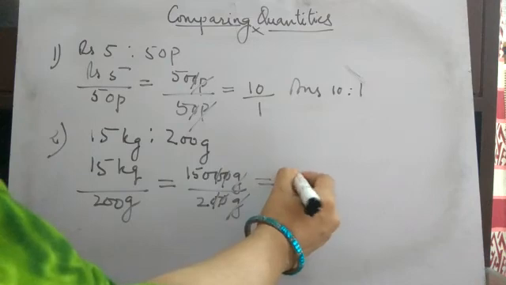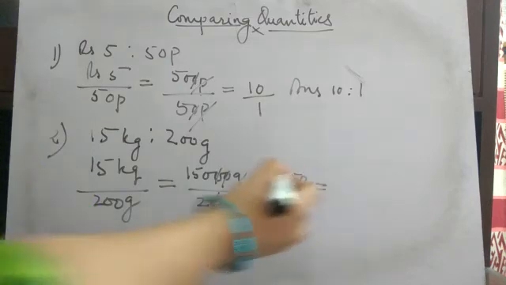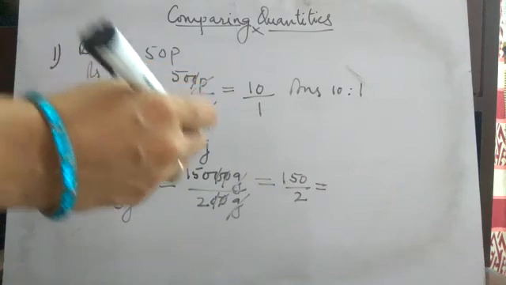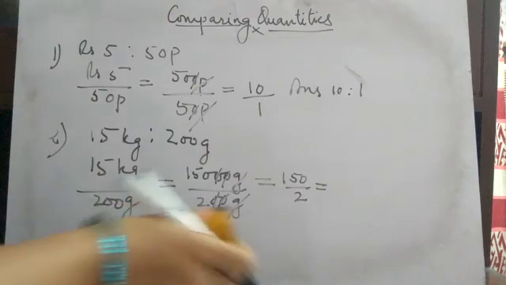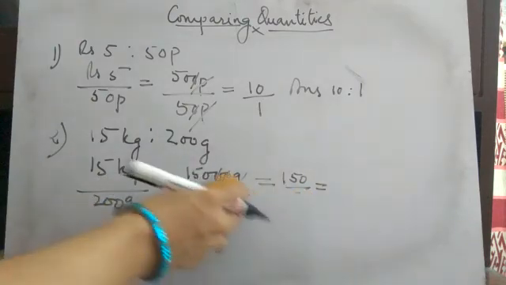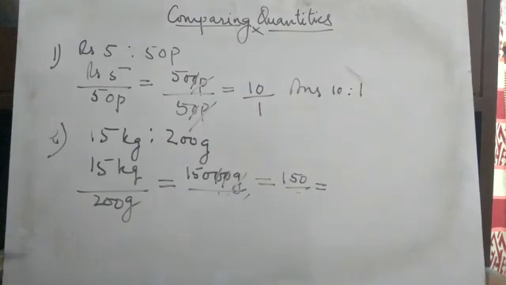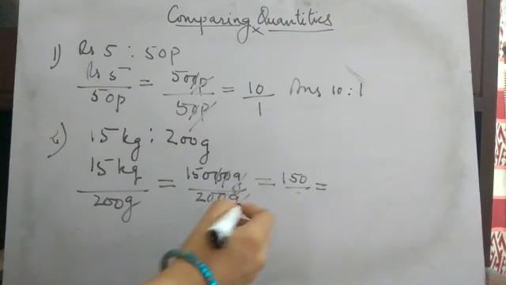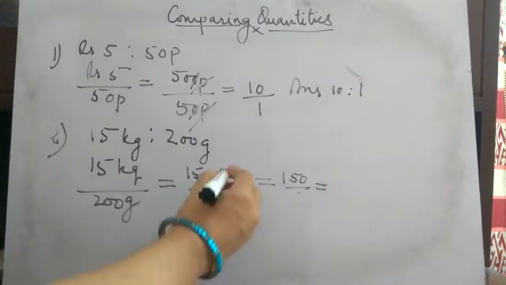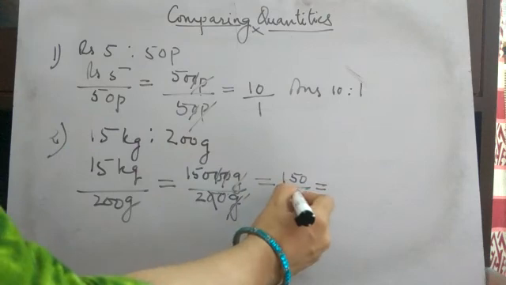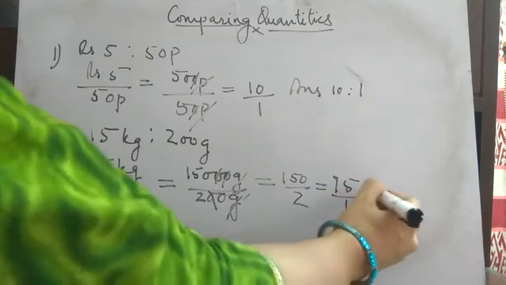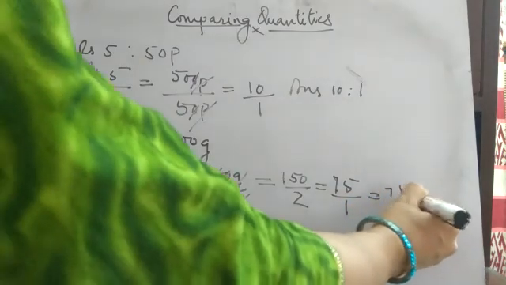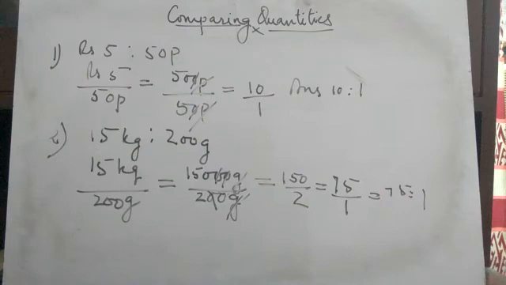So this becomes 150 upon 2, and this is 210, sorry, or let's take it 200 only. We'll find out for 200 only. So this is 200 grams. So this becomes, gram will cancel, 0, 0, 0, 0. So this is 150 by 2. 2 7s are 14, 2 5s are 10, and the answer will be 75:1.